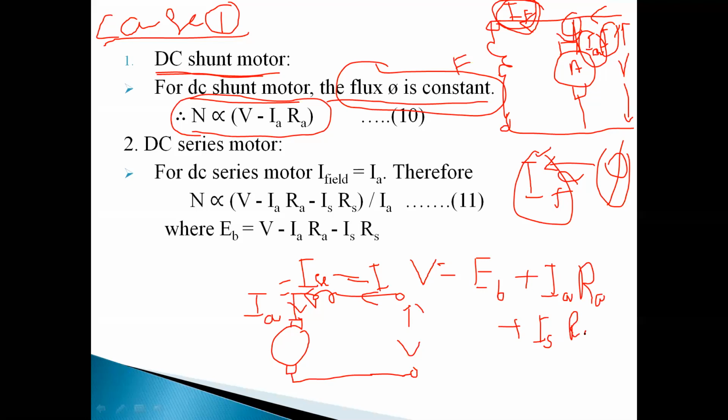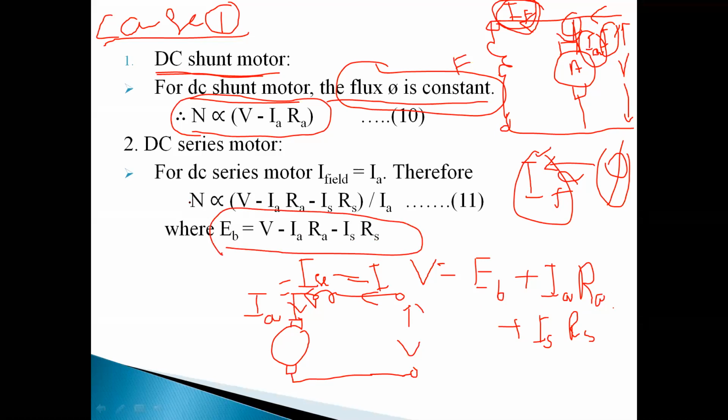RS is the series field winding resistance, and IS is the series field current. So in a series motor V equals EB plus IA RA plus IS RS. In a shunt motor it is only IRA. Here the series field winding resistance drop is added in the series motor. So EB equals V minus IA RA minus IS RS in a series motor.